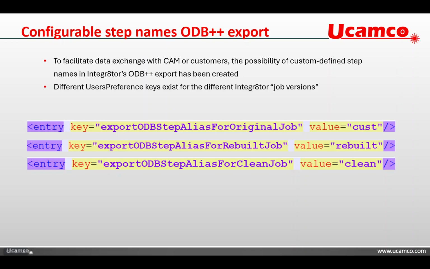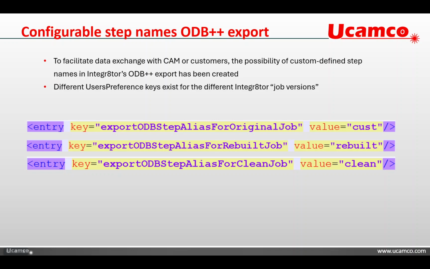If it's about the original customer data, some people might prefer the step name in ODB to be ORIG, or if it's data that has been somehow changed or modified, the step name may be added to. So this is the situation that we are in.